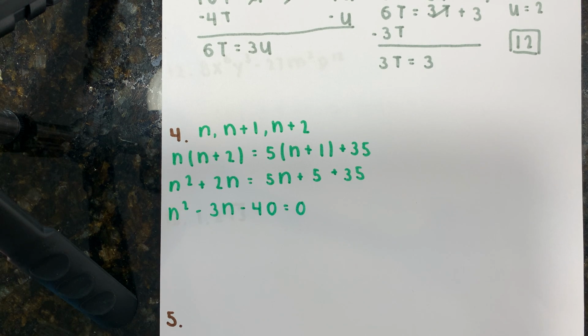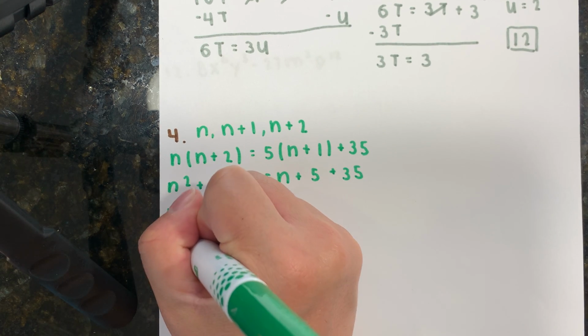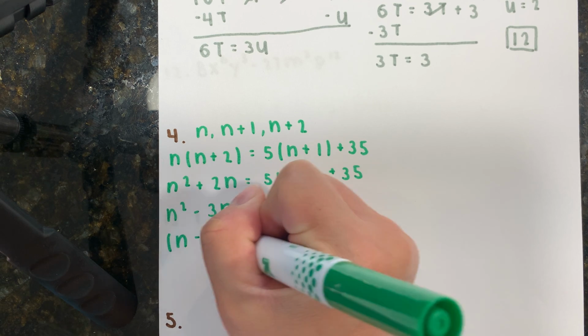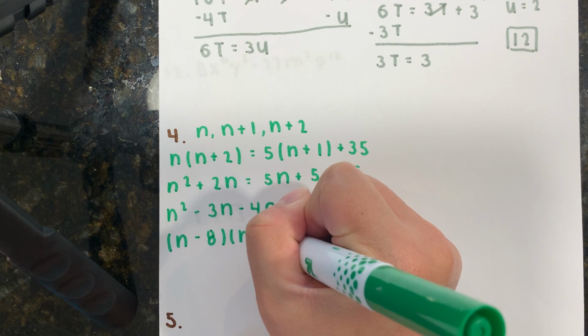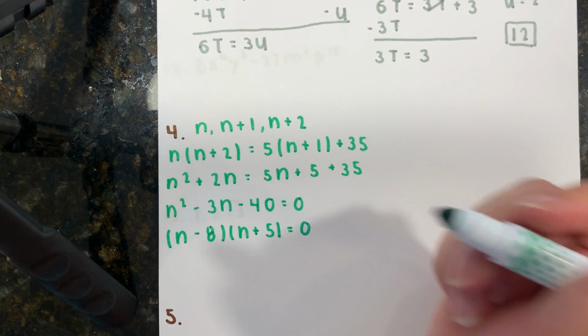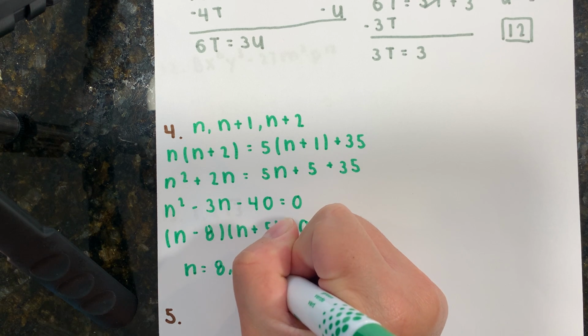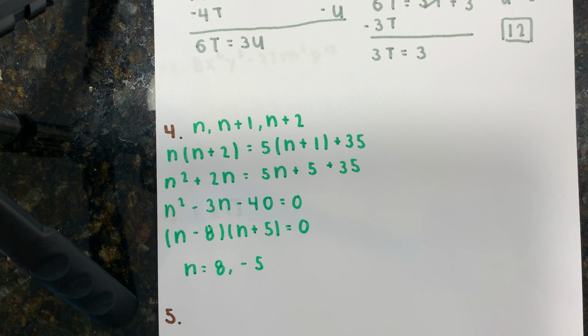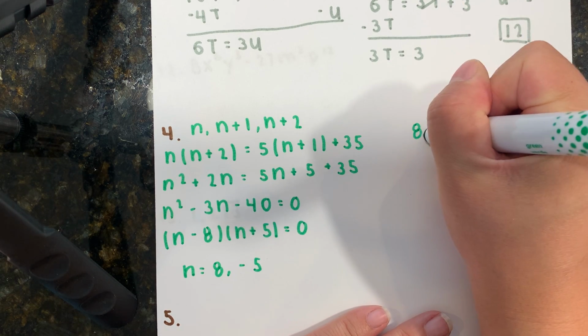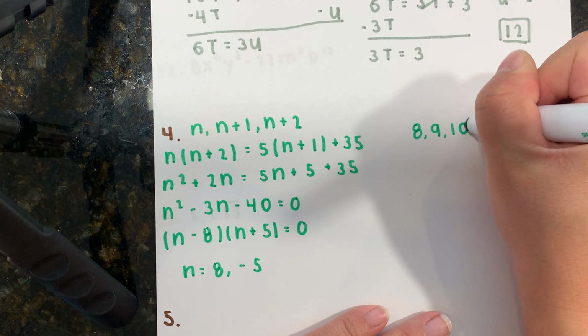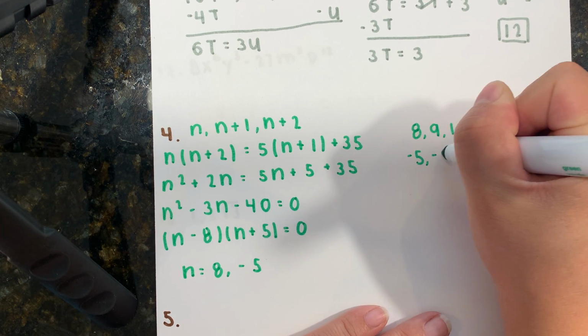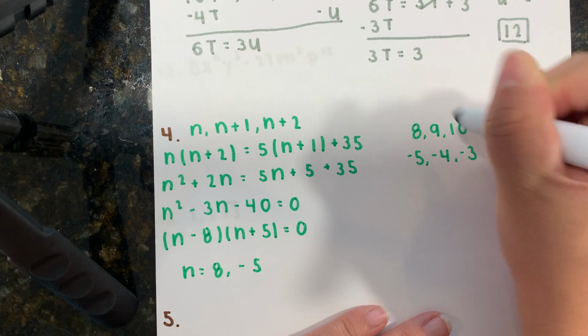Now, two numbers that multiply to give me negative 40 but add up to give me negative 3, that would actually be n minus 8 and then n plus 5. So my result is going to either be n is equal to 8 or n is equal to negative 5. So consecutive integers would be 8, 9, and 10, or negative 5, negative 4, and negative 3.